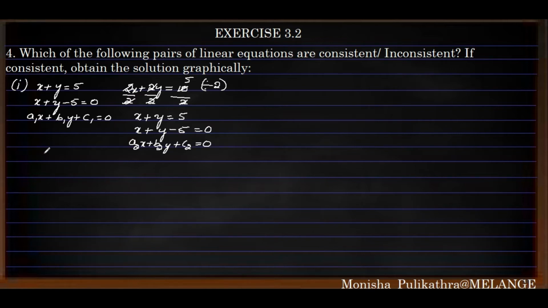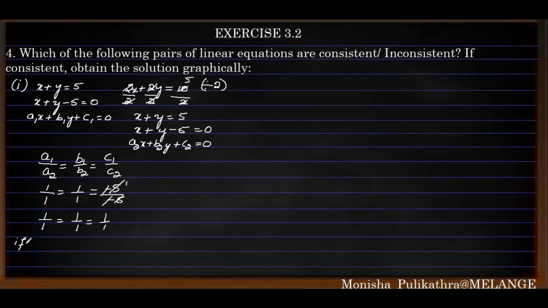Next, we need to find the ratios. We have to compare the ratios: a1 by a2, b1 by b2, and c1 by c2. Here a1 is 1 and a2 is also 1, so 1 by 1. b1 is also 1 and b2 is also 1, so 1 by 1. c1 is minus 5 and c2 is also minus 5. Here the minus signs cancel and 5 ones are 5, so 1 by 1.